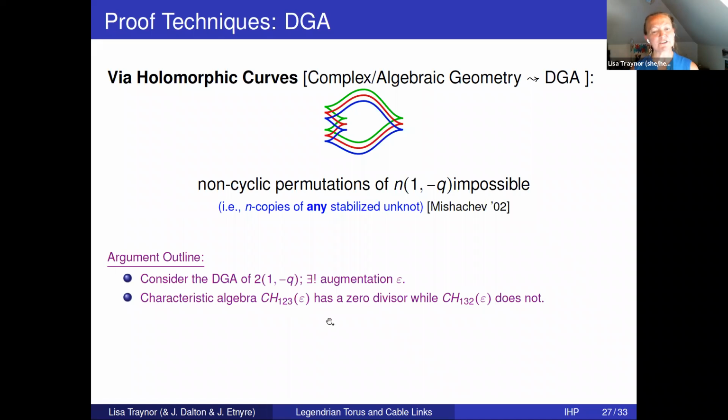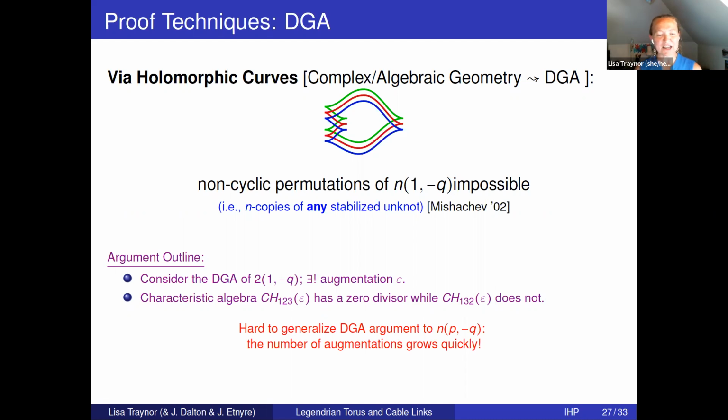Mishachev showed that if you did a labeling one way, this characteristic algebra has a zero divisor, and the other way it does not. Jennifer Dalton spent a lot of time in her thesis trying to extend this, and it was hard. When p equals 2, you can still work with unique augmentations, but it turns out both of those characteristic algebras have zero divisors, even though it doesn't look like it.